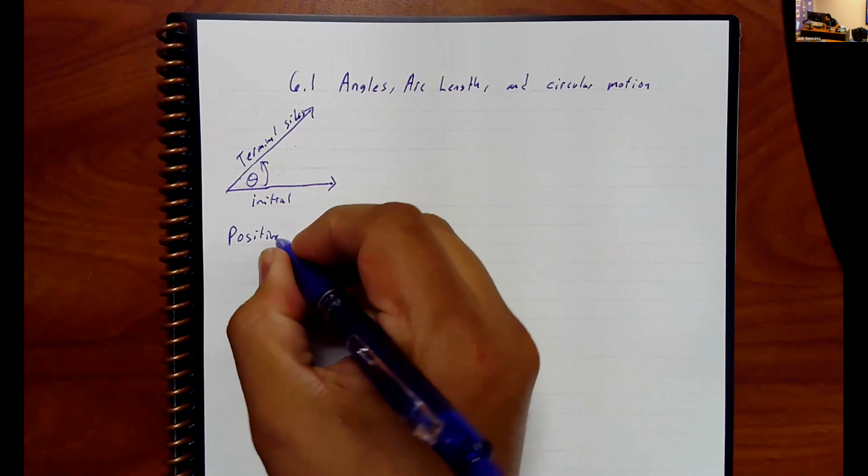What was it again? 390. Yes. So 390 would be 30 degrees more. Do you agree that it would land right here? Yes. So the angle now in standard position would be this angle, 30 degrees. So 390 is equivalent to 30 degrees.